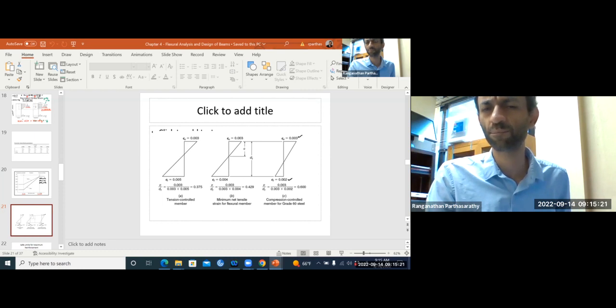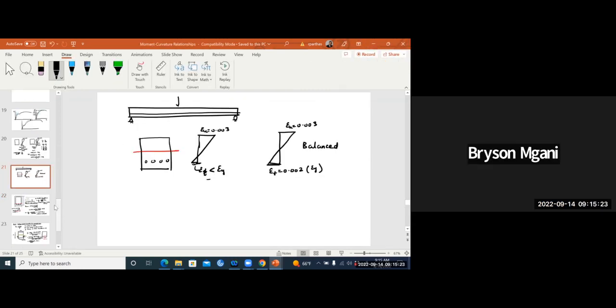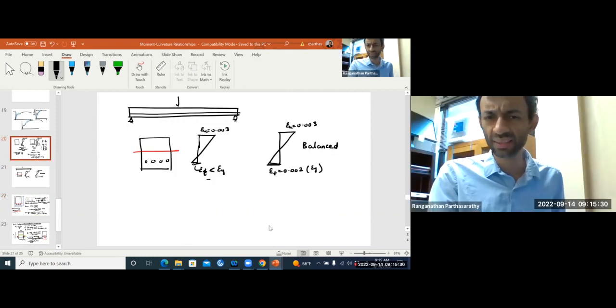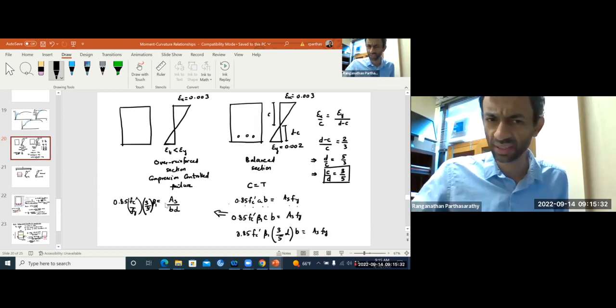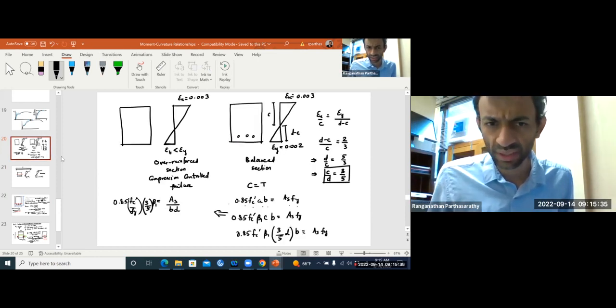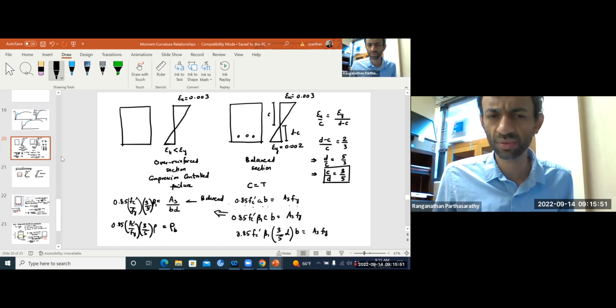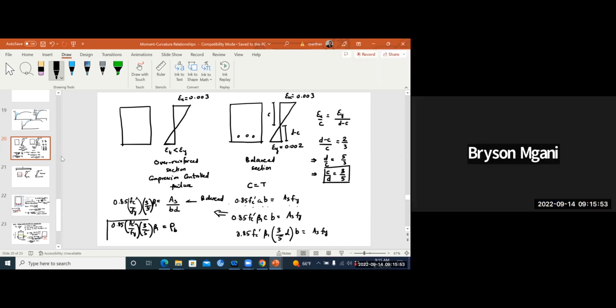So for balanced, we have 3/5, right? As divided by b d is the reinforcement ratio. So rho b for balanced is 0.85 f'c over fy, times 3/5 of beta 1.